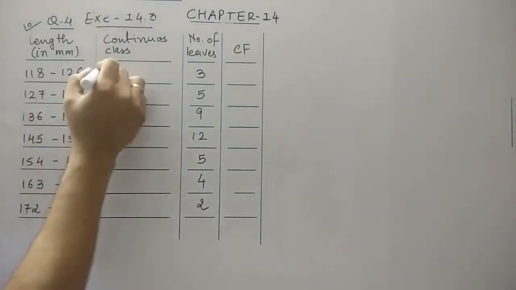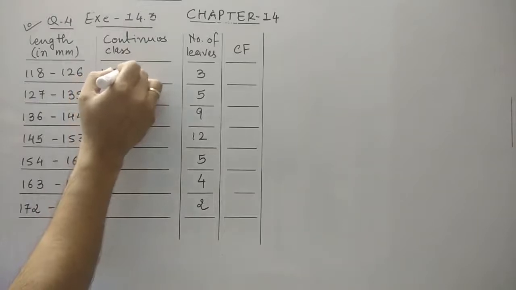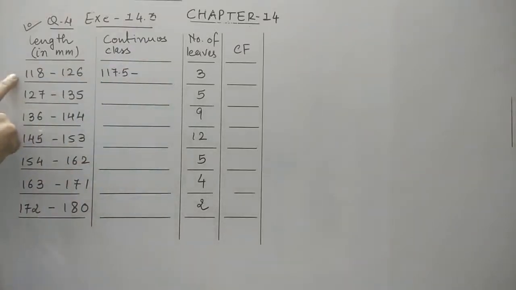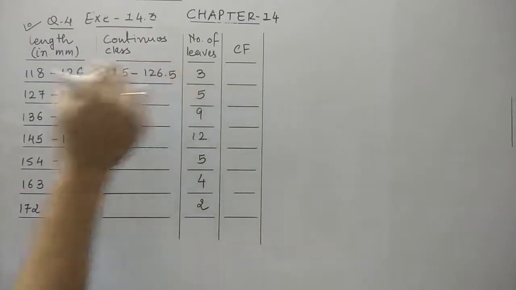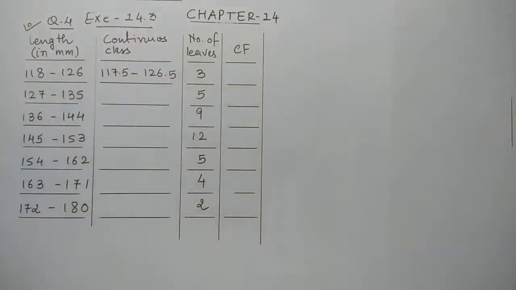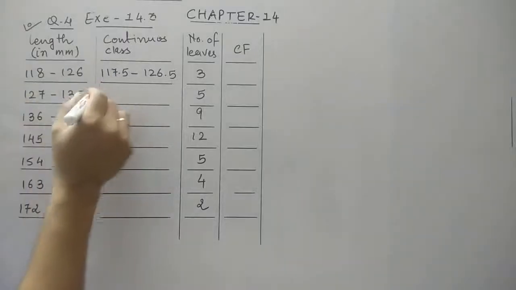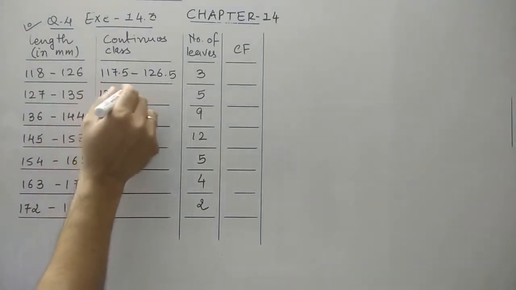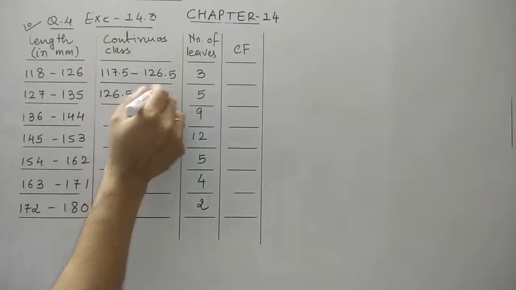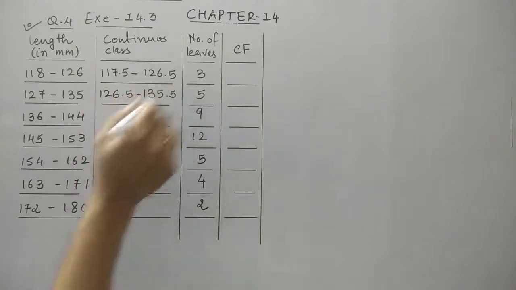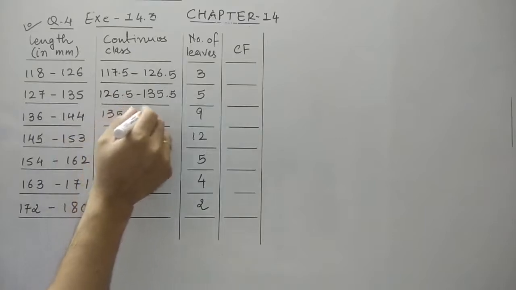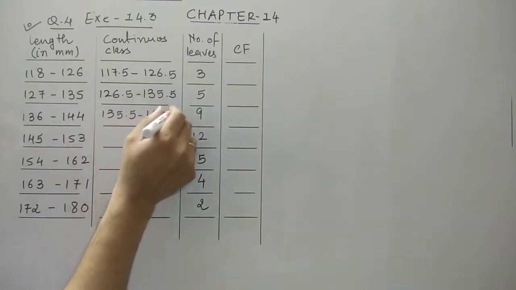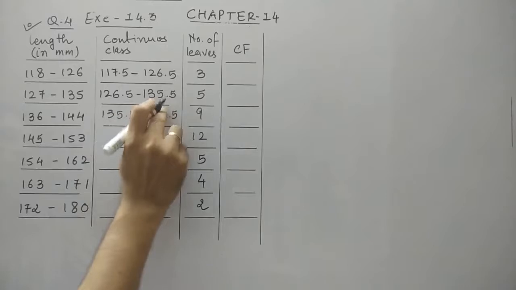So it should be written 117.5, 0.5 less, to 126.5, 0.5 added. Now the same: 126.5 to 135.5, 135.5 to 144.5.